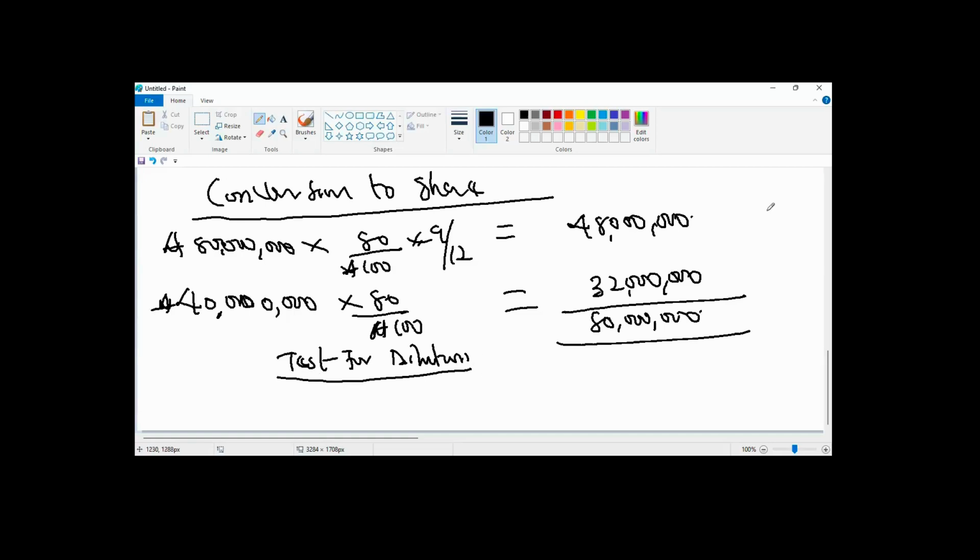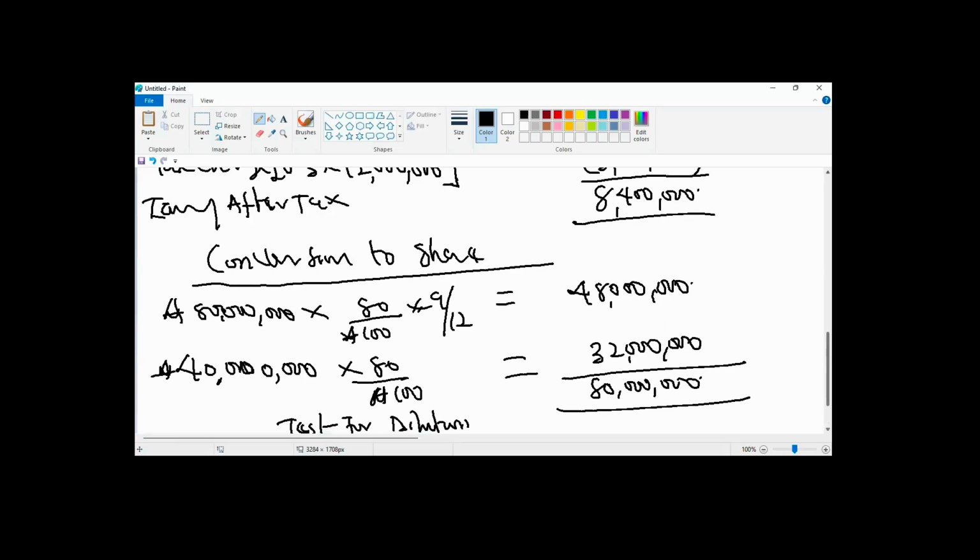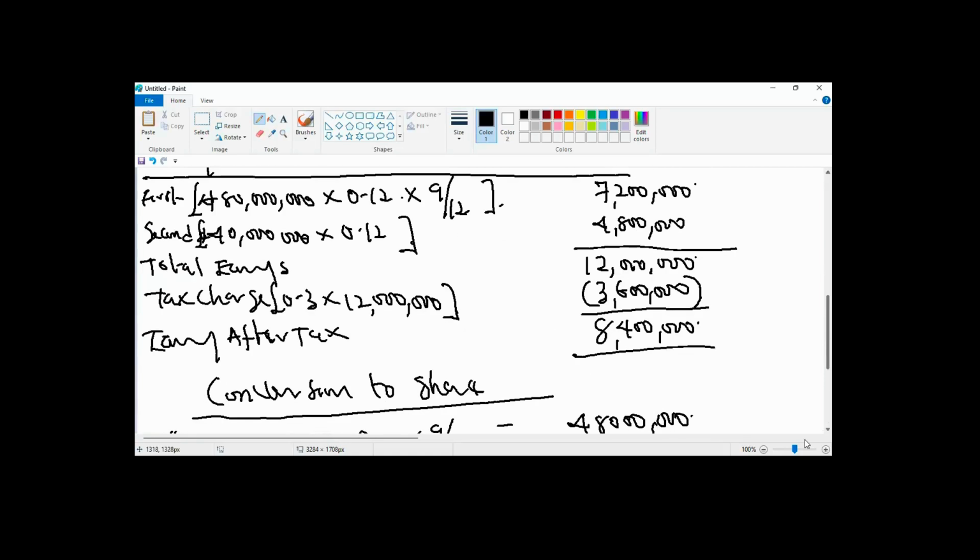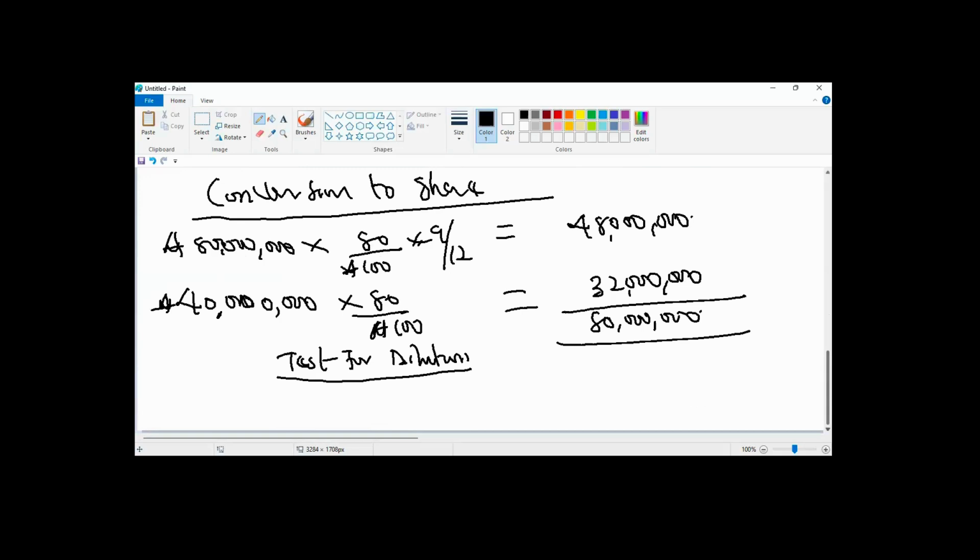How much is the earnings? 8.4. I'll say 8 over 400 divided by 80. That's 100. Does it dilute? Check.